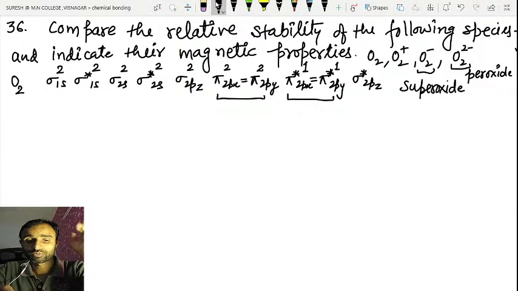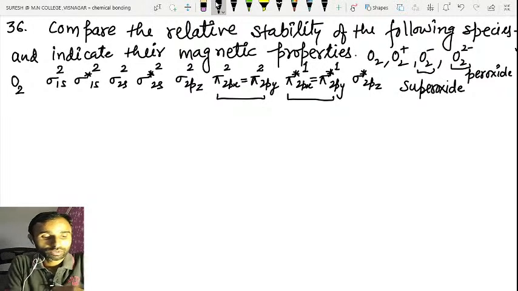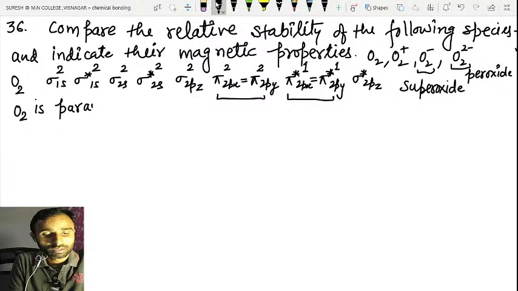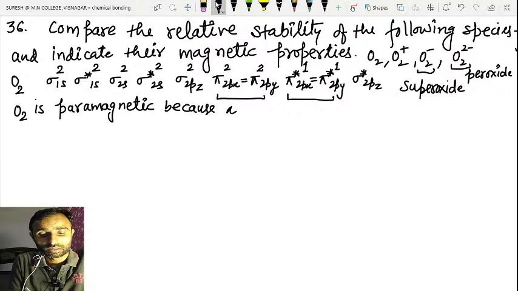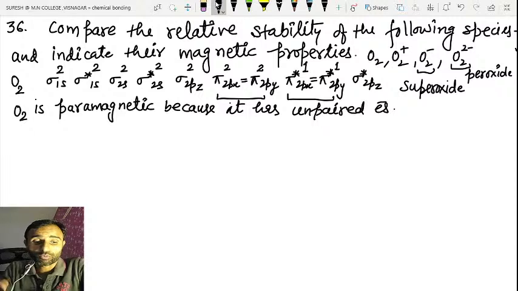Now as they have one unpaired electron each, O2 is paramagnetic because it has unpaired electrons. Okay, and what is the bond order?